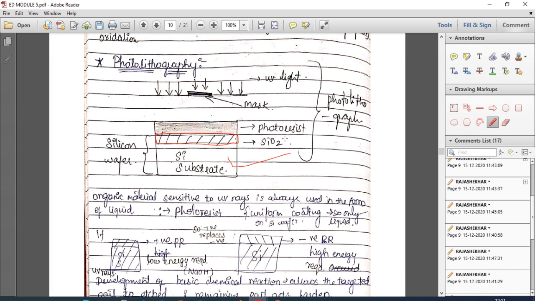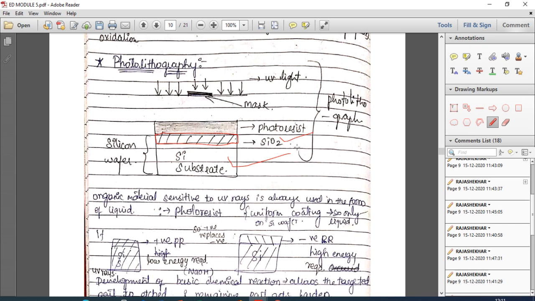This oxidation process is done using any one process like those discussed: chemical vapor deposition, rapid thermal processing, or thermal oxidation. Any one process is utilized based on the requirement. So now we have a silicon substrate and an oxidation layer, which is a thin layer of SiO2.